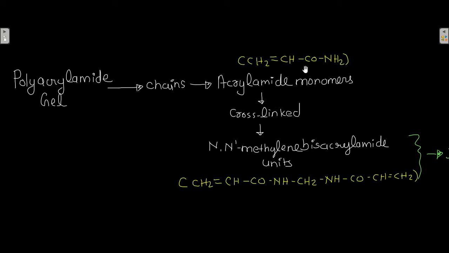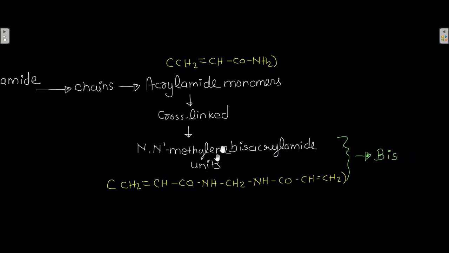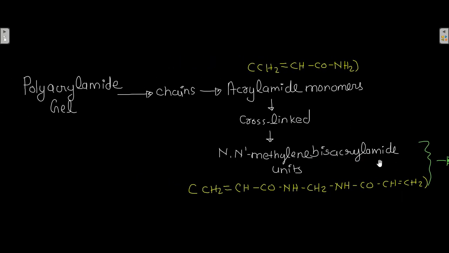This is the molecular formula for acrylamide, and this is the molecular formula for the N,N'-methylenebisacrylamide unit. We don't always use this long word while describing it. We usually say bis. So when acrylamide monomers are cross-linked with bis, that produces your polyacrylamide gel.